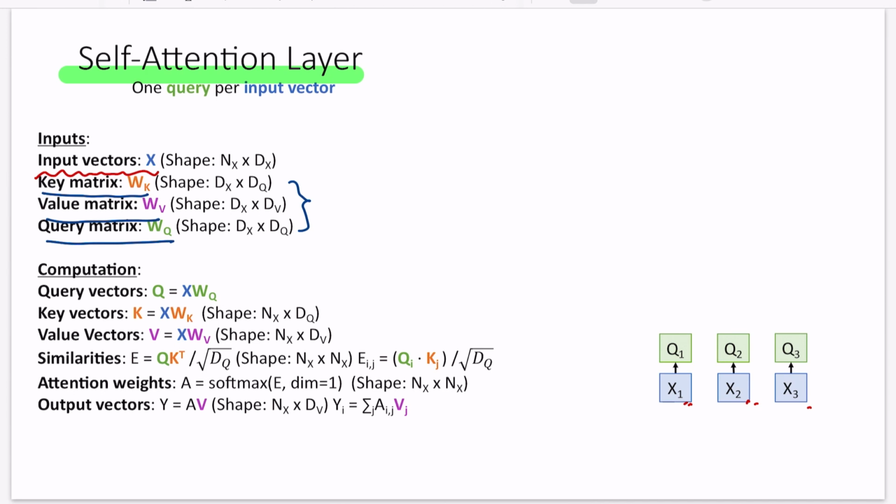So from now on, your query vector is going to be Q equal to X times WQ, where WQ is the learnable parameter.